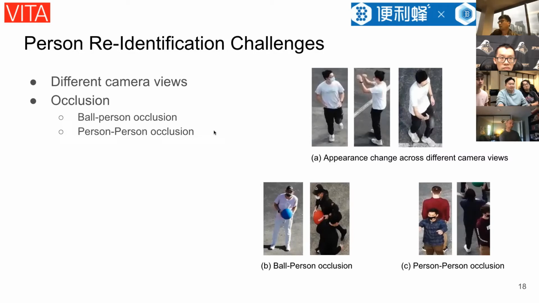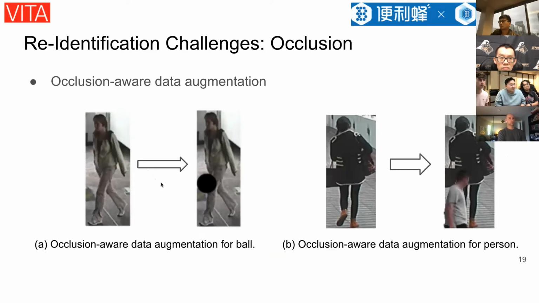Both of these factors can potentially make people change hugely on different frames, which makes the whole task more difficult. Here, I would like to specifically talk about occlusion. Under the occlusion category, there are roughly 2 factors. The first factor is ball-person occlusion, and the second factor is occlusion between person and person.